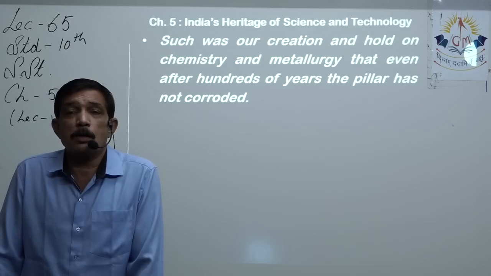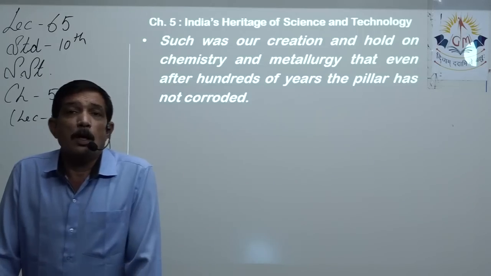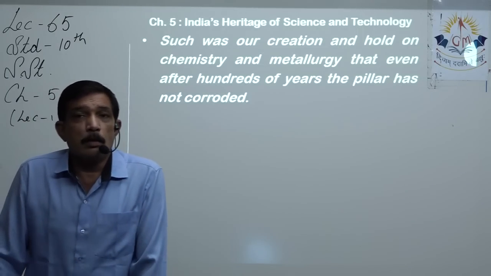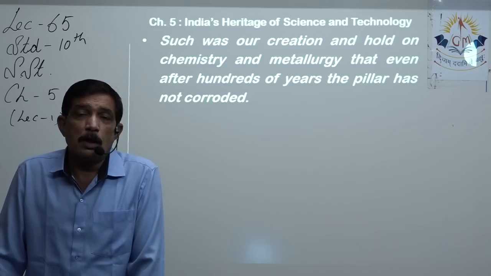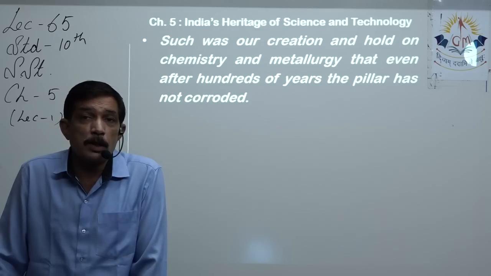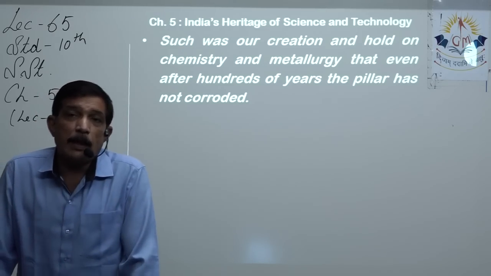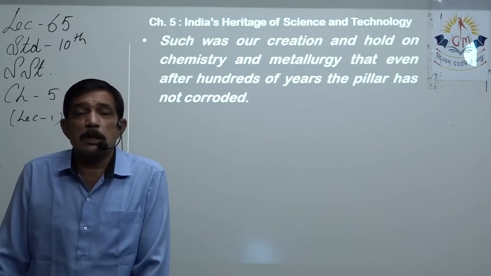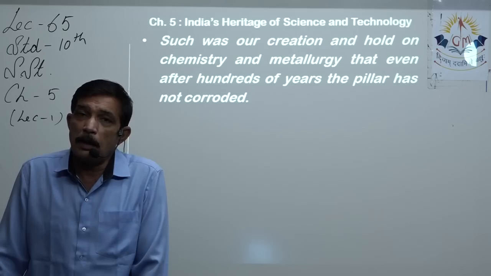Lots of researchers all over the world, lots of people expert in chemistry and in metallurgy, have come and researched this iron pillar, but till date they have not been able to say exactly what this pillar is made up of. It is iron, right?